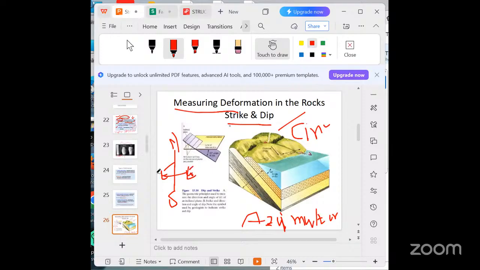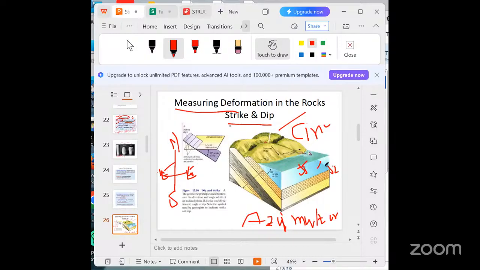So bearing is measured in degrees, east or west, from north or south. For example, north 55 degrees east and south 25 degrees west.